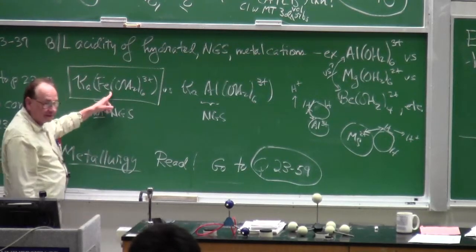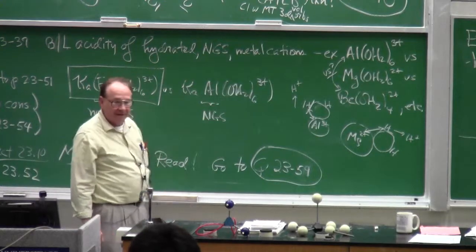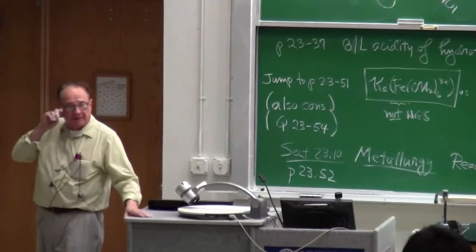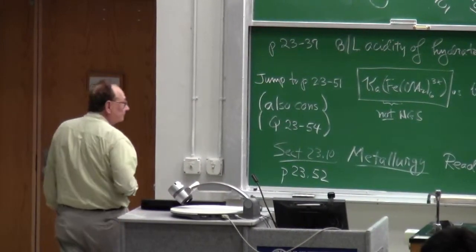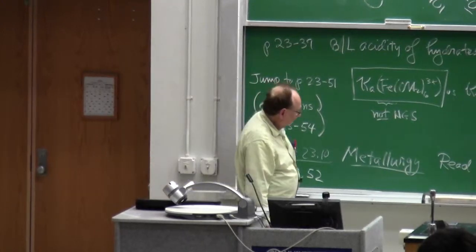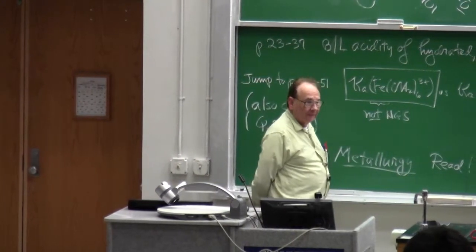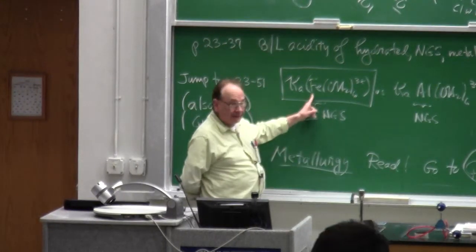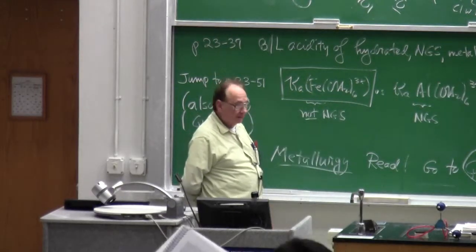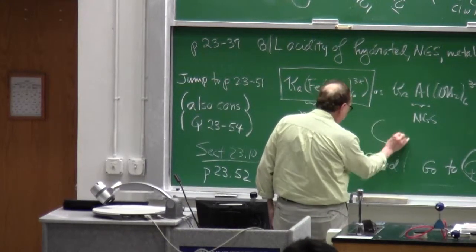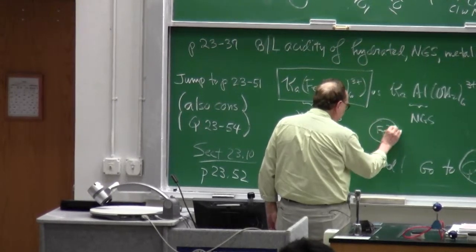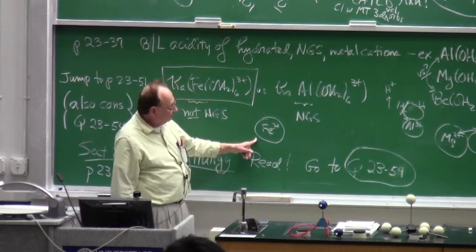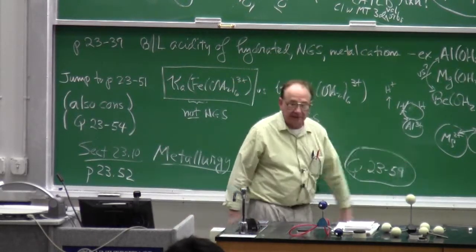What do we know about Ka for this compared to Ka for this? If you don't remember, look at the acid-base table. This is a hell of a lot stronger acid than that. Tell me. As isolated ions, how does the positive charge density of Fe+3 compare to that of Al+3?